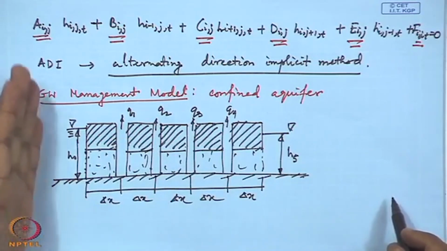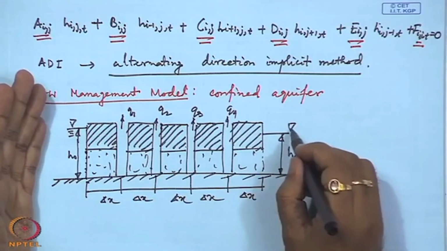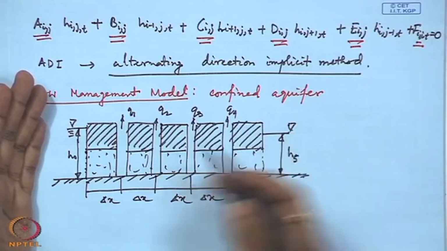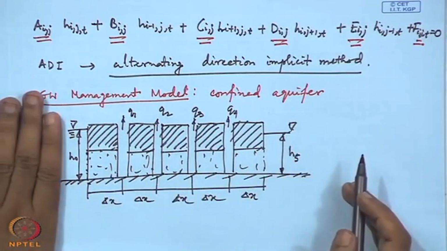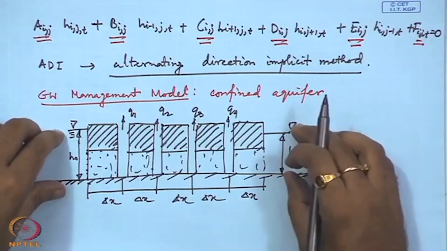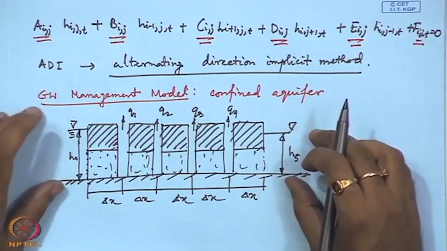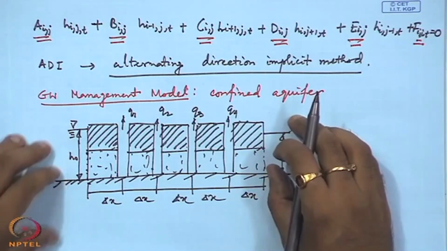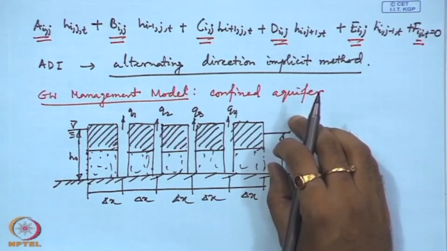So, it is a bounded problem. Both cases we have specified boundary condition. This is also called as Dirichlet kind of boundary condition.